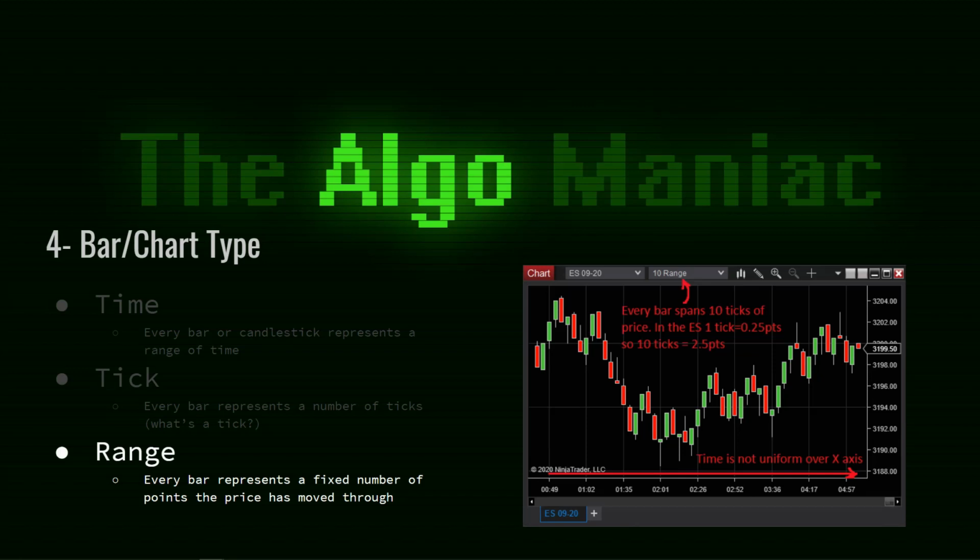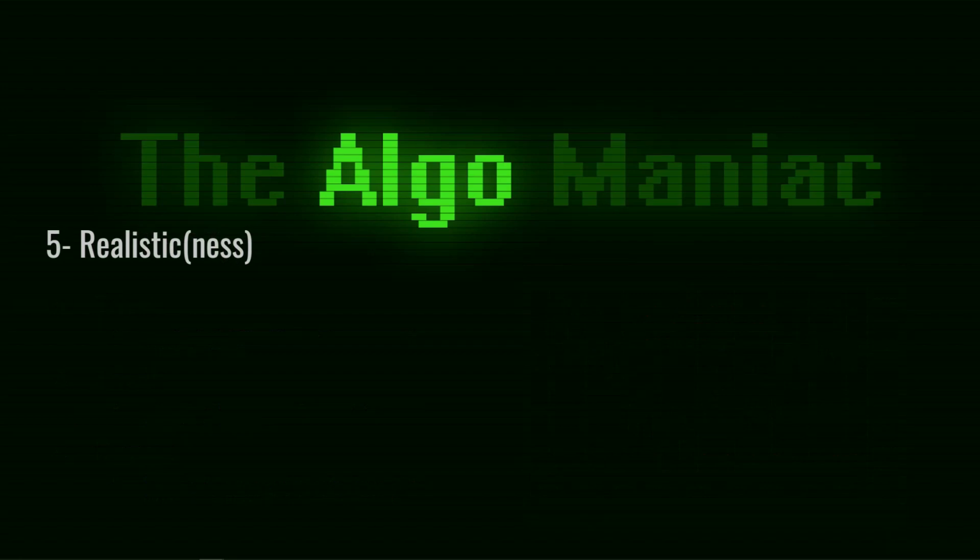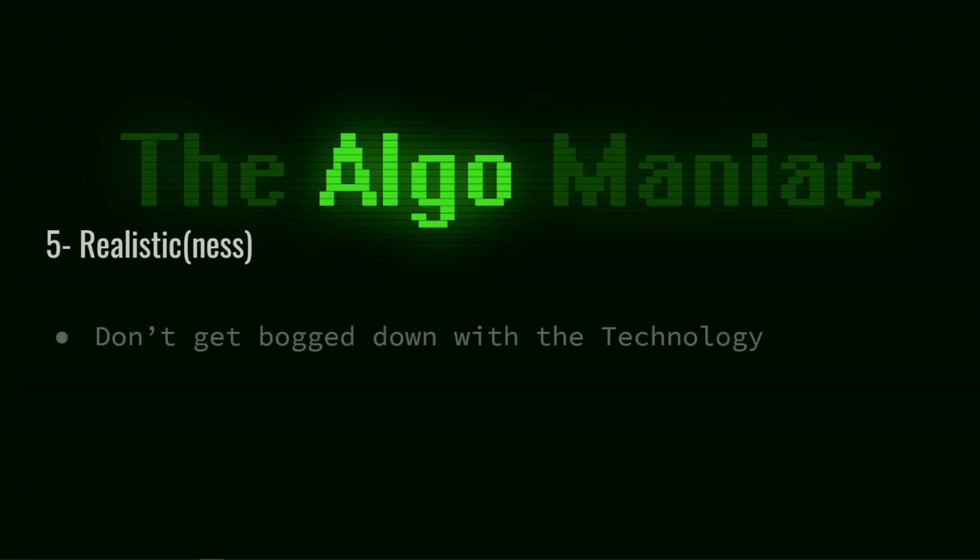Next thing, I have this item, realisticness. I don't know if that's a word. I don't think it is. My number one thing here is don't get bogged down with the technology. This is generally just having a mindset when you're creating or thinking about your strategy. Don't let the technology dictate what you can and cannot do, especially if you're not familiar with the technology.